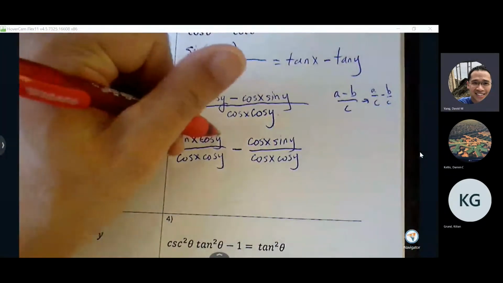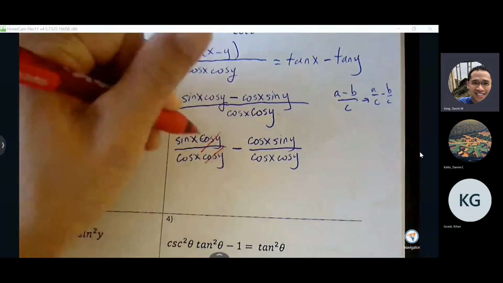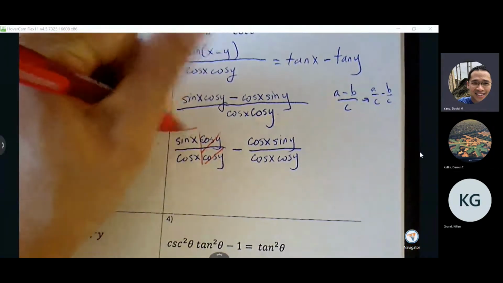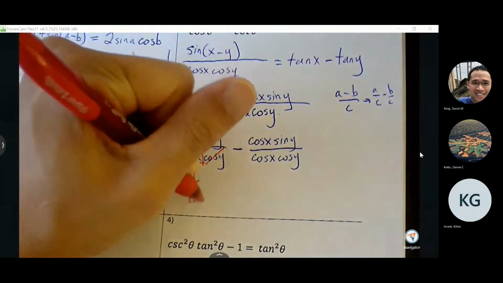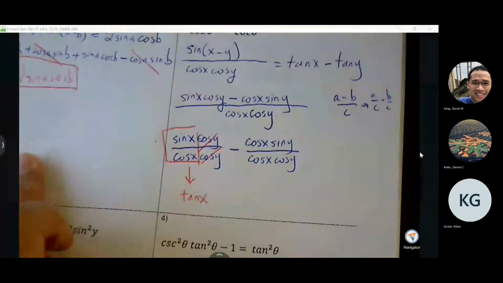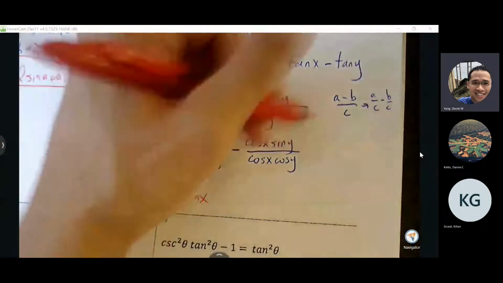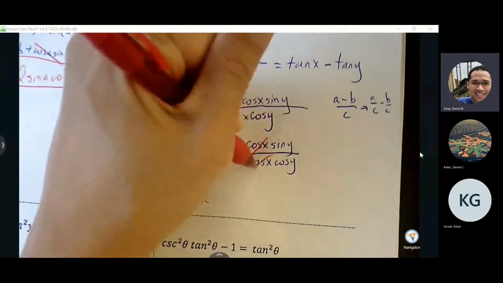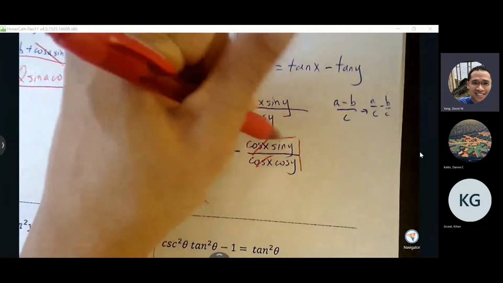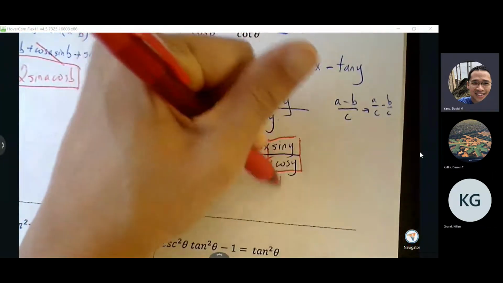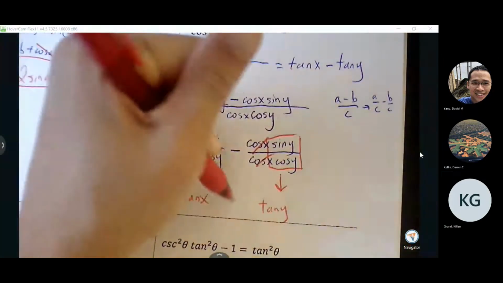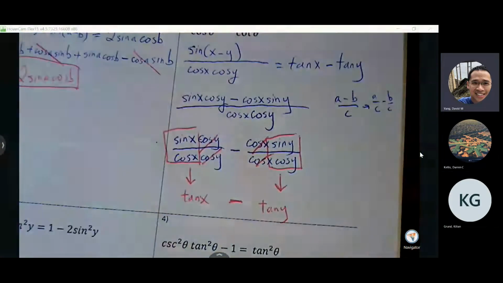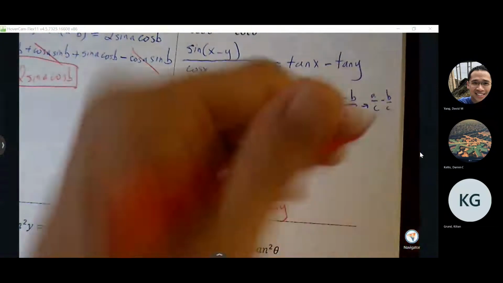You see cosine y matches, so that completely goes away. And we're left with sine x over cosine x, and that nicely turns into tangent x. And here, in the second fraction, cosine x goes away, but we're left with sine y over cosine y, and that turns nicely into tangent y. We have a minus in between. That matches what I'm trying to reach.